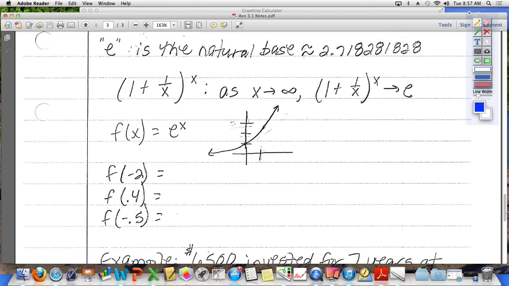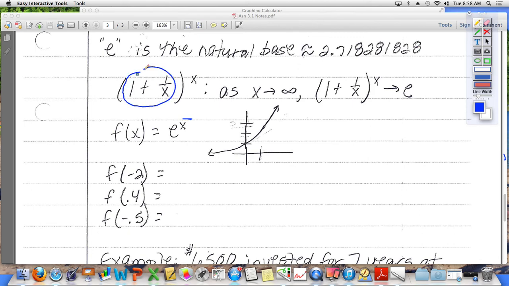And a long time ago, mathematicians figured out this value for E because as they were calculating 1 plus 1 over x to the power of x, they realized that every single time they graphed this, it kept getting closer and closer to this E value, 2.718, blah, blah, blah.